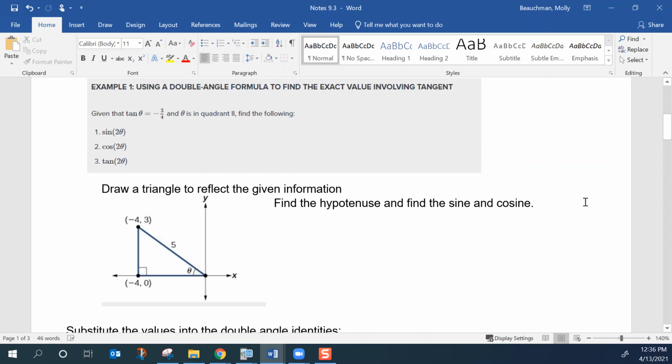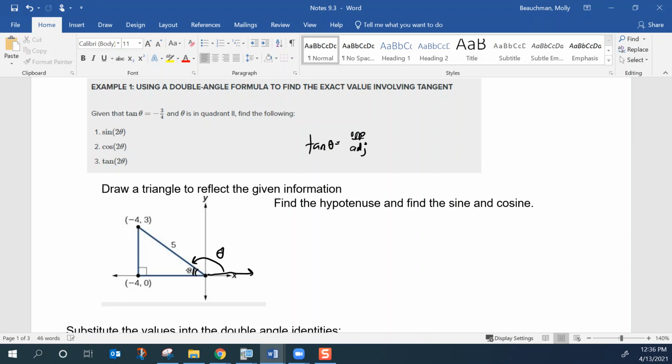So we've done this before: draw your angle, and draw a triangle to reflect the given information. We're given that our angle is in quadrant 2, so our angle is here in quadrant 2. What we do is draw our reference angle and use a reference triangle. If we know that the tangent is -3/4, the tangent of an angle is equal to the opposite over adjacent.